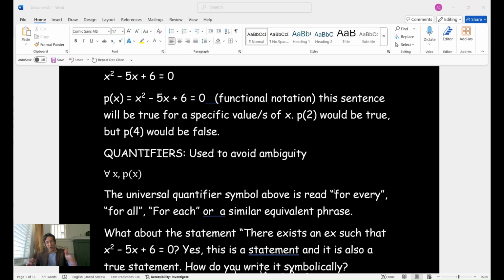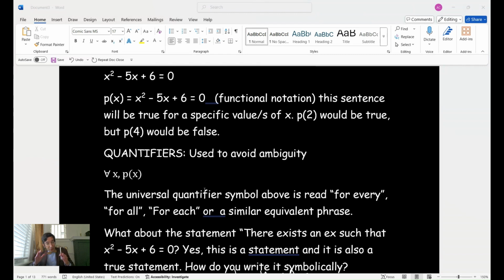But thankfully, the tradition of functional notation is going to save us from any kind of ambiguity. A good way to name this sentence would be to use functional notation, P of x. And this sentence would be true or false for specific values that we assign x.